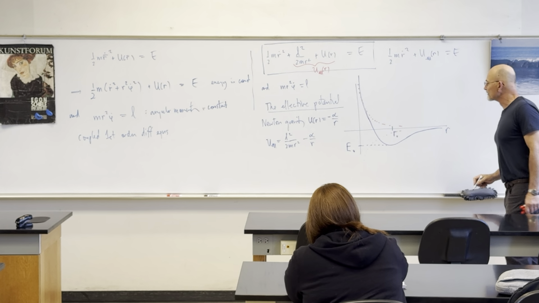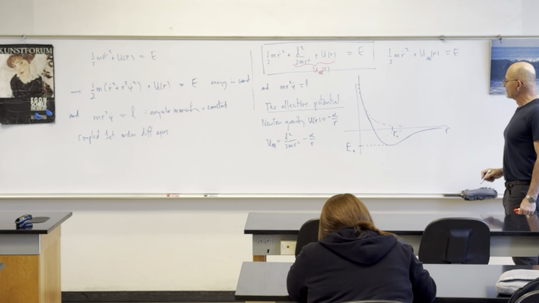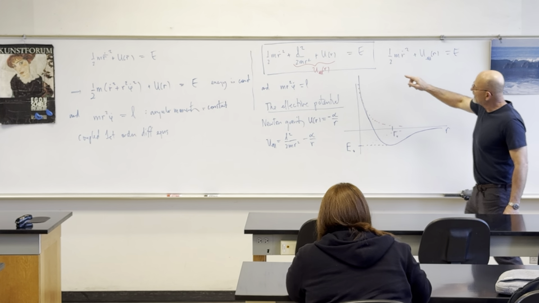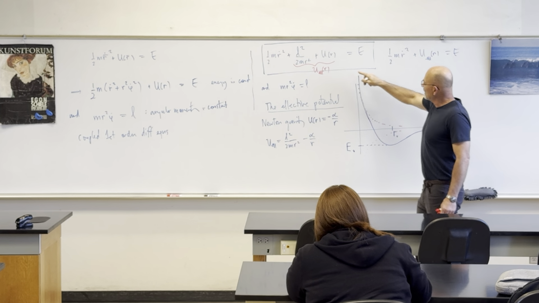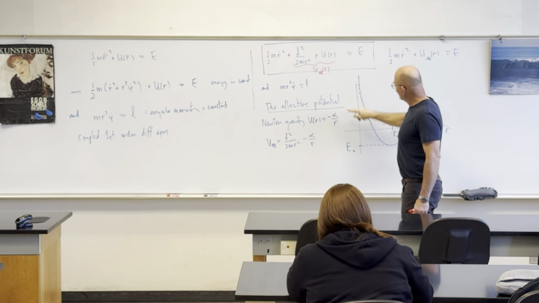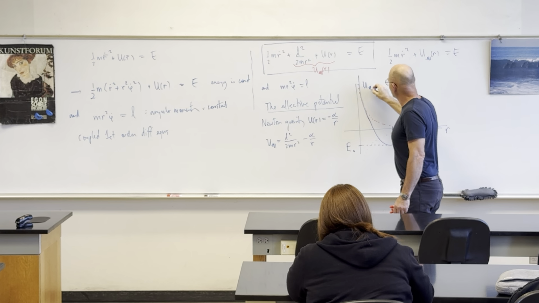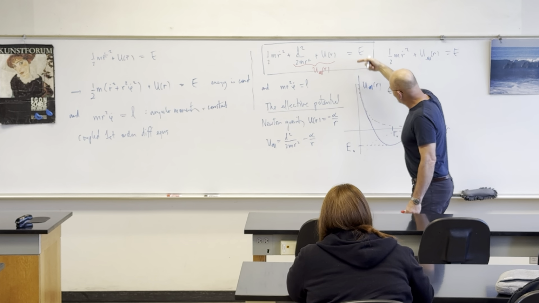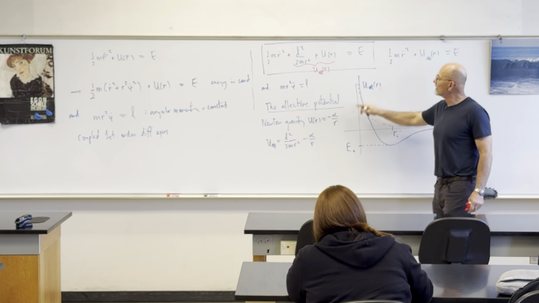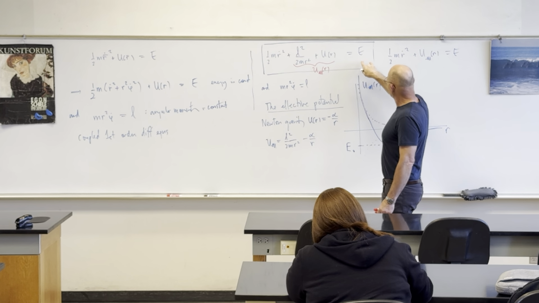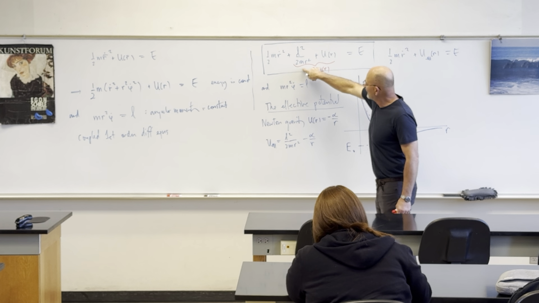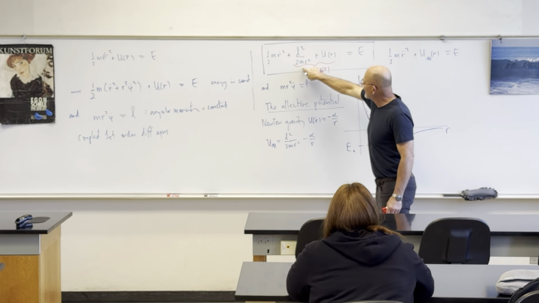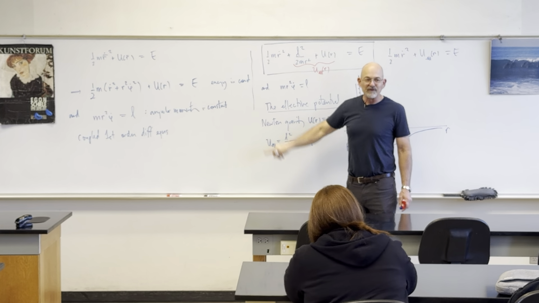If E equals E sub 0, then the E on this side and what's here on the red line, over the red bracket, are the same. That means R dot is 0.